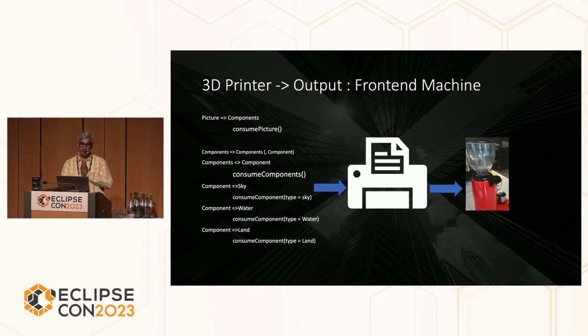We are trying to create a specification which, if we have a 3D printer, magically gives us this coffee machine, into which I can feed the Java beans, which is the source code, and it gives me the abstract syntax tree. So do we actually have that? Let's come to that.